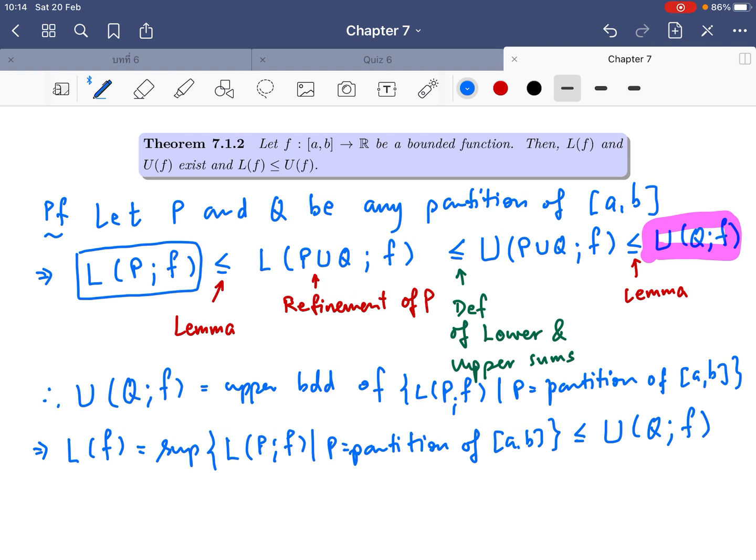Because the supremum will be less than or equal to the upper bound, for any partition Q of this closed interval [a, b].